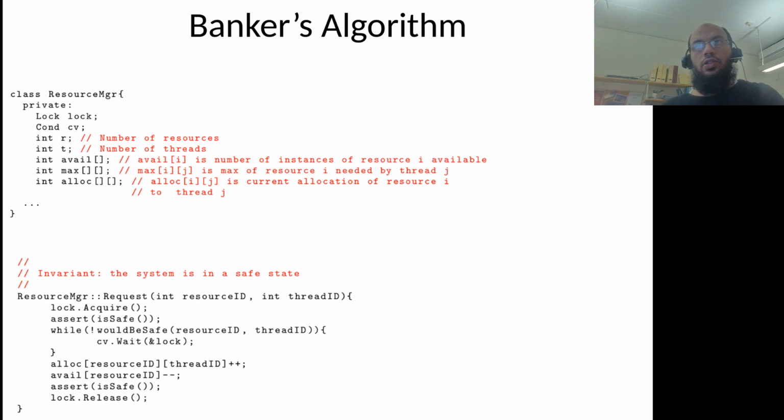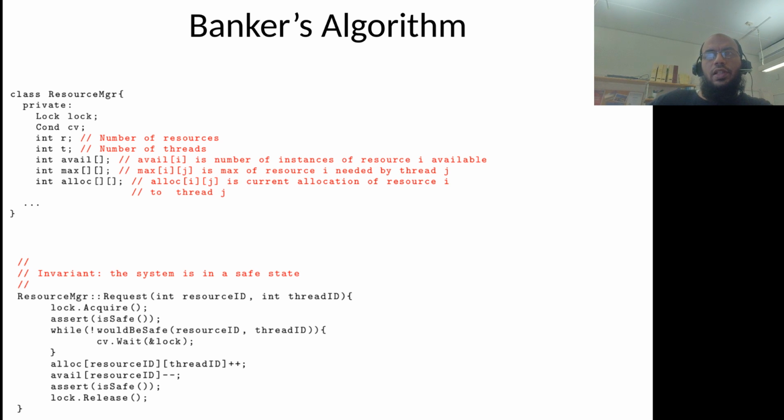And then you have an allocation double array or matrix or map or dictionary. The implementation can differ based on your programming language. Then you have code that checks once you get a request, which is the bottom half of this slide.